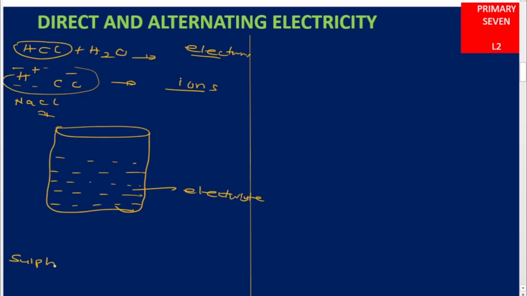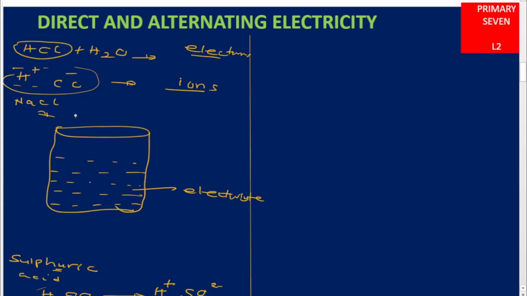Its formula is H2SO4. When we add water, it is going to break into hydrogen ions and SO4, which we call the sulfate ions. These are going to keep on moving from one part to another in this solution, which becomes our electrolyte.